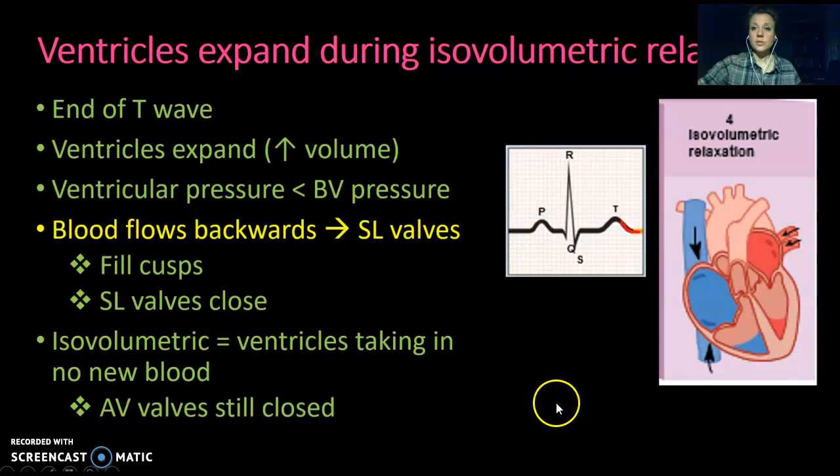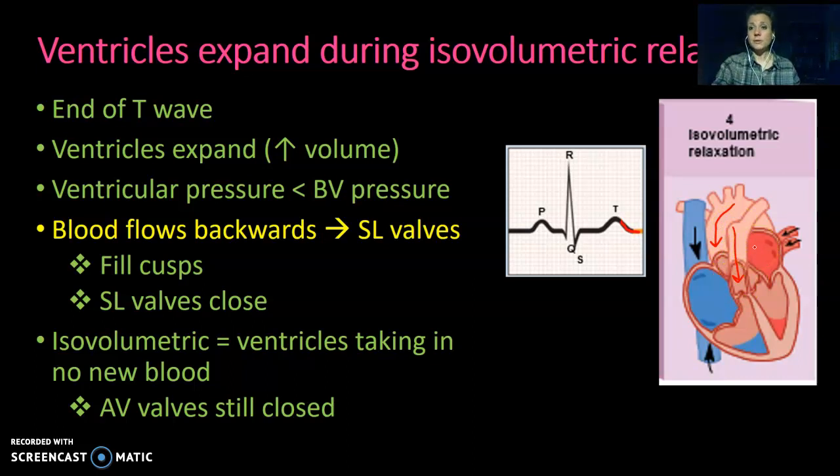And then the ventricles are going to expand during isovolumetric relaxation. And so our ventricles are going to relax, not enough to allow those AV valves to open yet. But this is the time when blood is going to flow backwards in the aorta towards the semilunar valves, and also in the pulmonary trunk toward the semilunar valves.